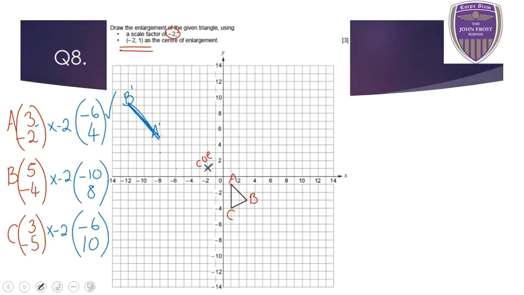And then for C, -6, 10. So from the centre of enlargement, 2, 4, 6, then 2, 4, 6, 8, 10. That's my C dash there. So that's my final enlargement with scale factor -2, and the important part is that centre of enlargement.